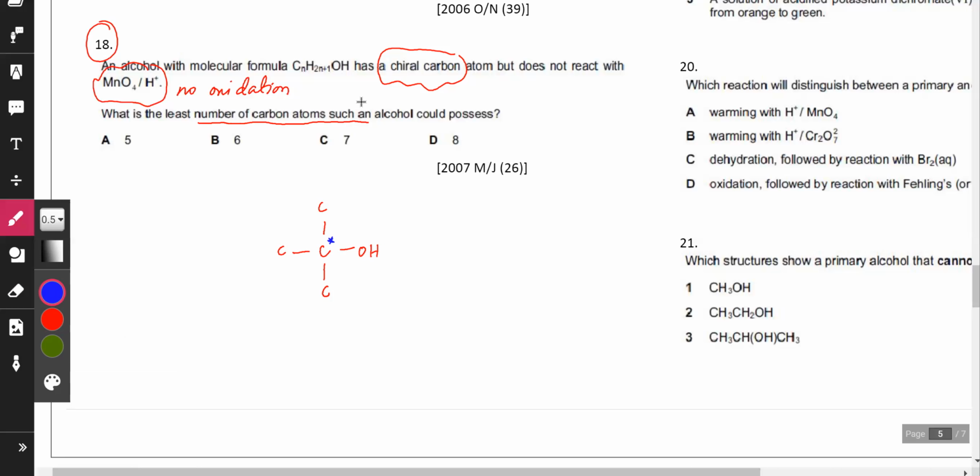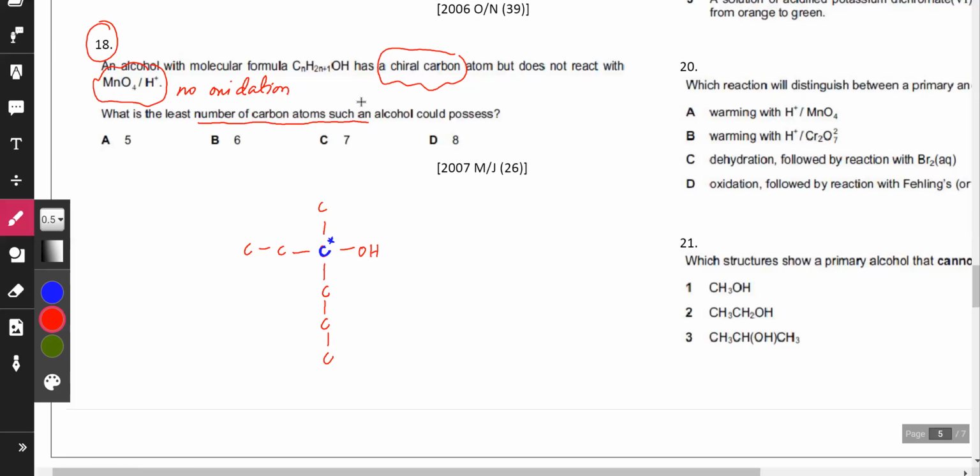A chiral carbon atom is when all four sides are different, right? So the only way I can make all four sides different is to have two carbons over here and I can have three carbons over here. So now there's a chiral carbon atom, and he was asking for the least number of carbon atoms that such an alcohol could possess.